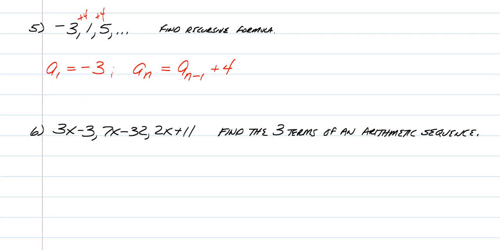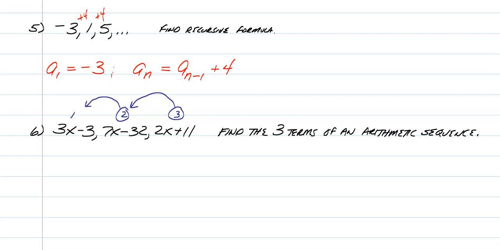Let's pretend these are our first term, second term, and third term. To find the difference, we would subtract the first term from the second term, and subtract the second term from the third term.